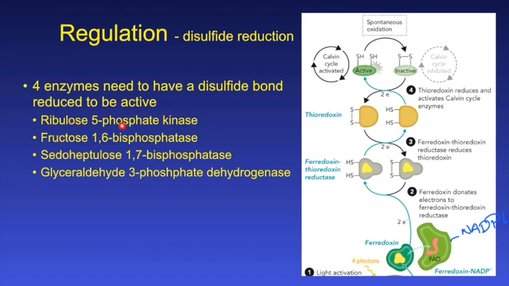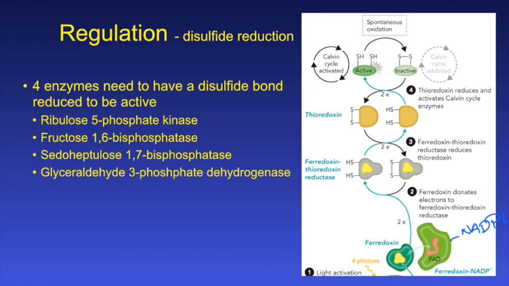These are part of the regeneration steps. This is part of the fixation. So these are stage 3 and stage 2 enzymes, and they only become active when they are reduced. They are only reduced if ferredoxin is in high concentration.